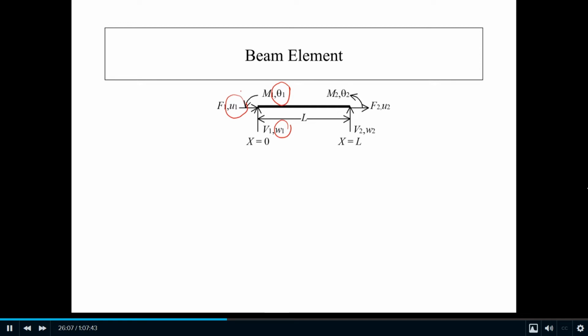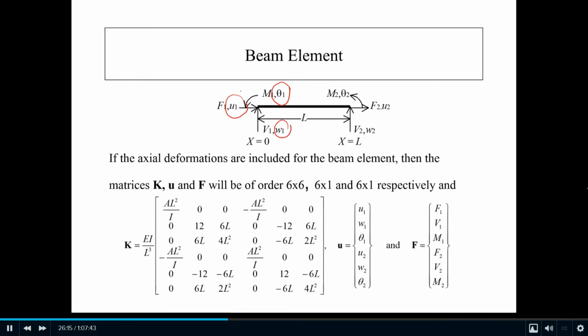Basically, you incorporate the truss element in here. When you do that, your matrix K will look like this. This is an element for a frame member, so for problems like trusses and frames, you should use an element like this to handle those problems.